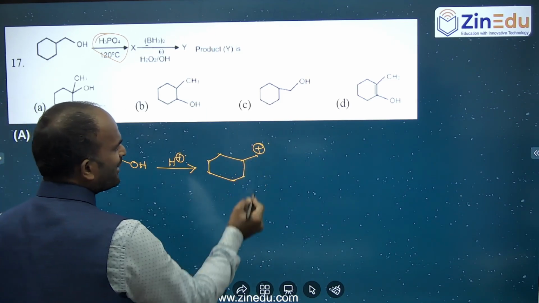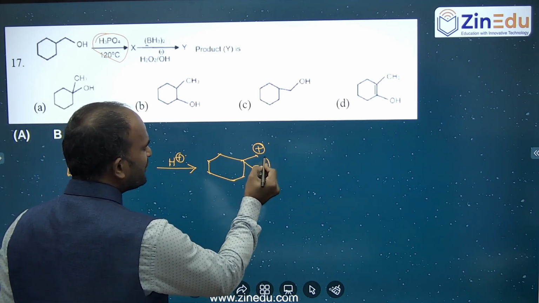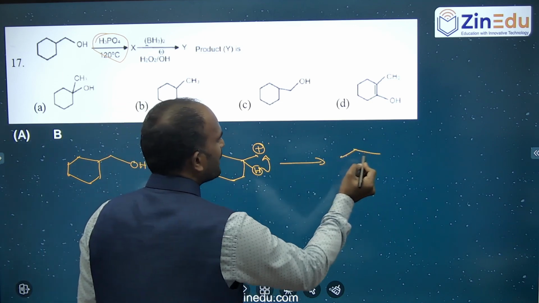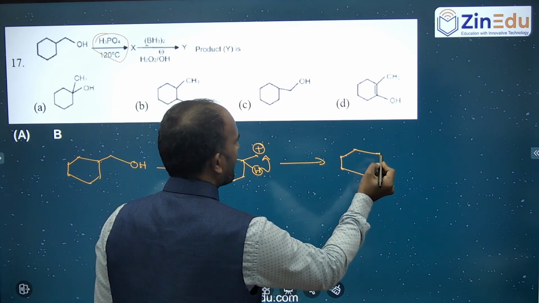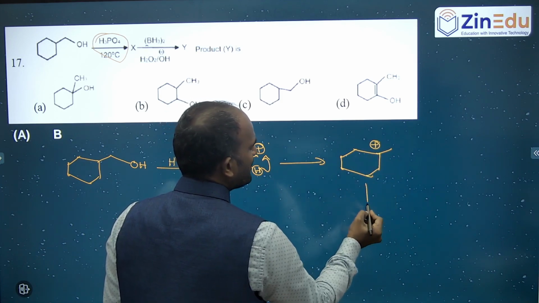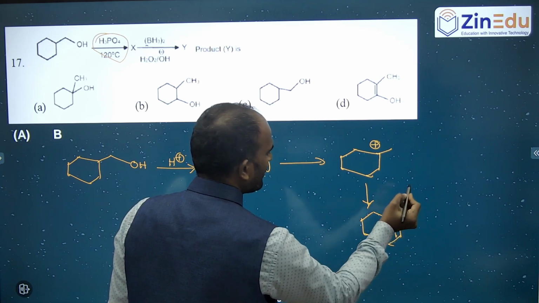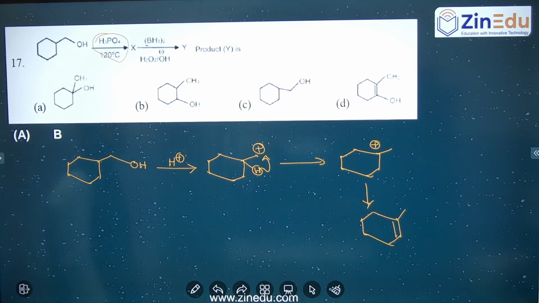This is a primary carbocation. Shifting is possible. Which shifting is possible? Hydride shifting is possible. Therefore, because of the heating, elimination takes place such that it gives a fantastic alkene like this.